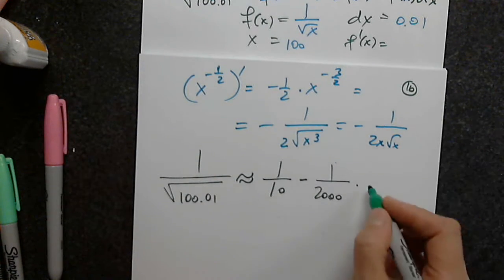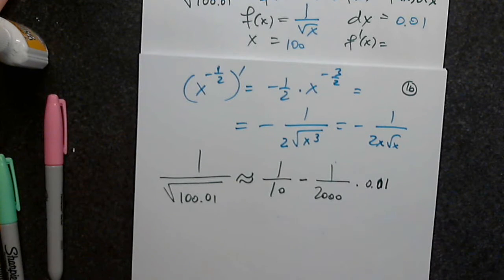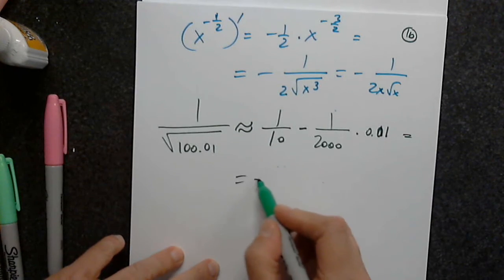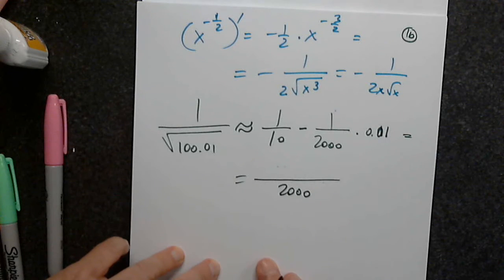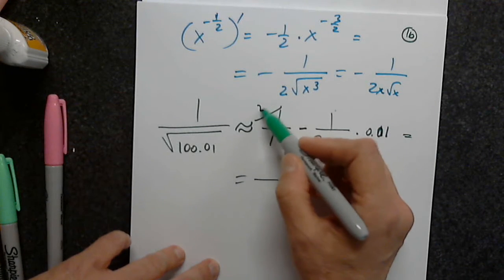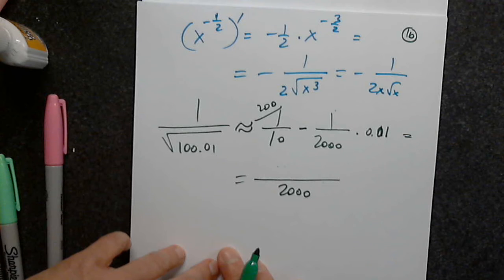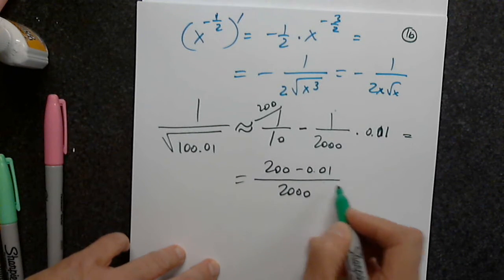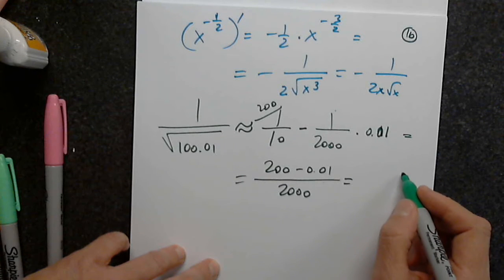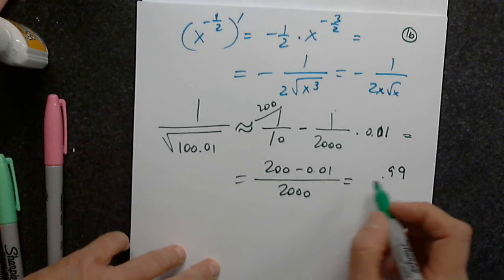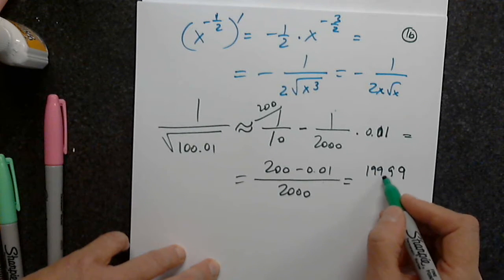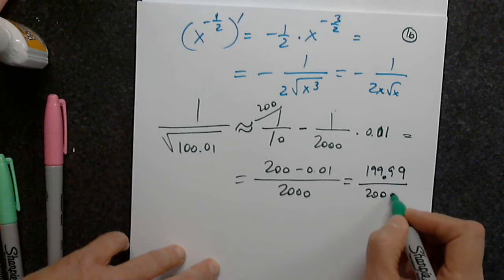But times 0.01. If you find the least common denominator, which is 2,000, you will multiply this by 200 and subtract 0.01. So 200 minus 0.01 is what? 1.99? I'm sorry, 199.99 over 2,000.